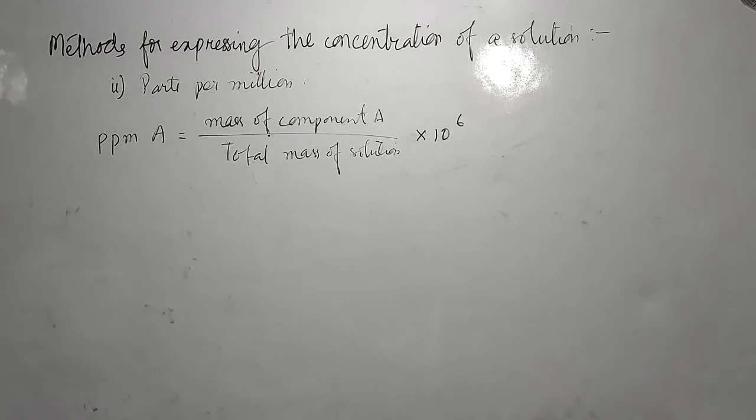Suppose we are asked to find the parts per million of component A. Then parts per million of component A will be equal to mass of component A divided by total mass of solution, multiplied by 10 to the power 6, since million is 10 to the power 6. We write the unit as ppm.